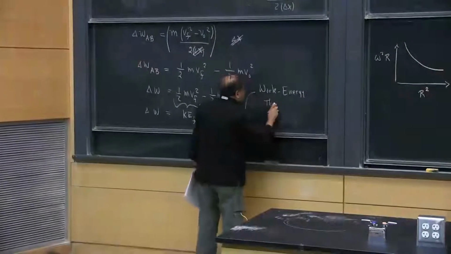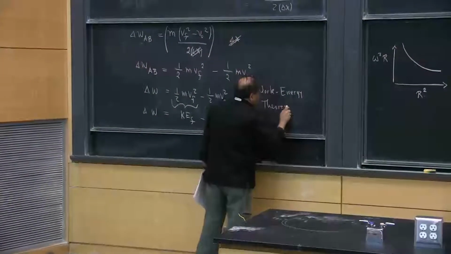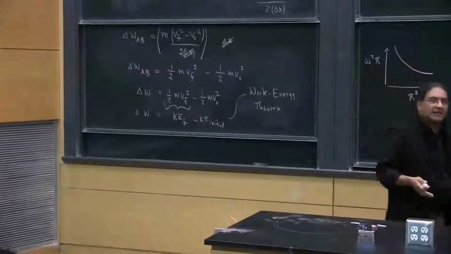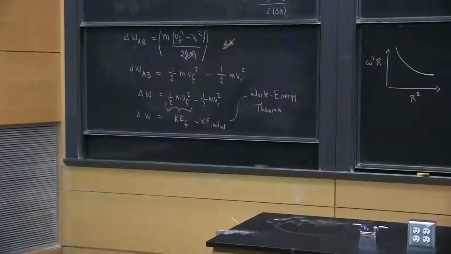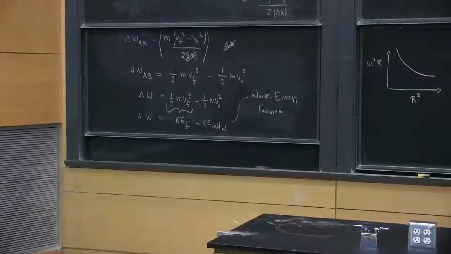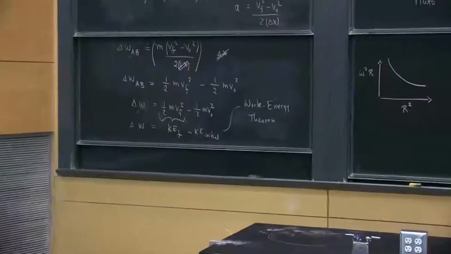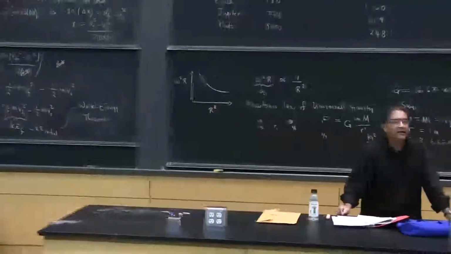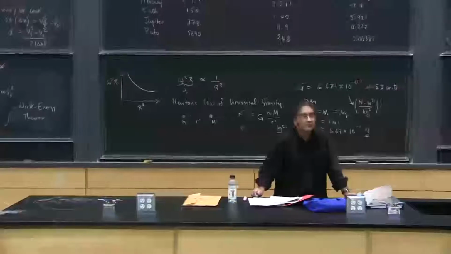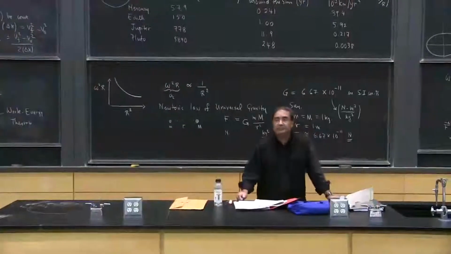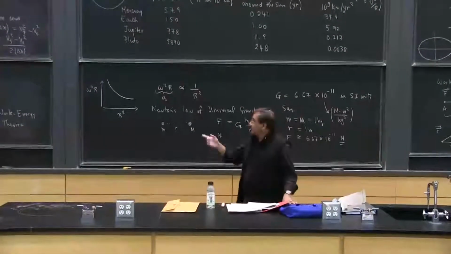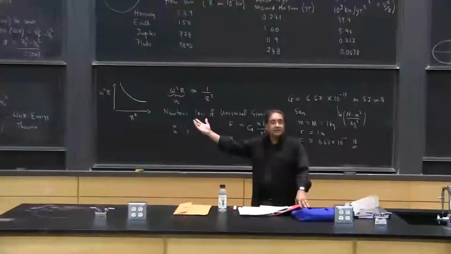The work energy theorem is important because it will take us to places we cannot go without it in terms of understanding nature. For one thing, work energy theorem is a great way of estimating energy loss due to friction. Because all we need to care about is the force and the displacement involved.